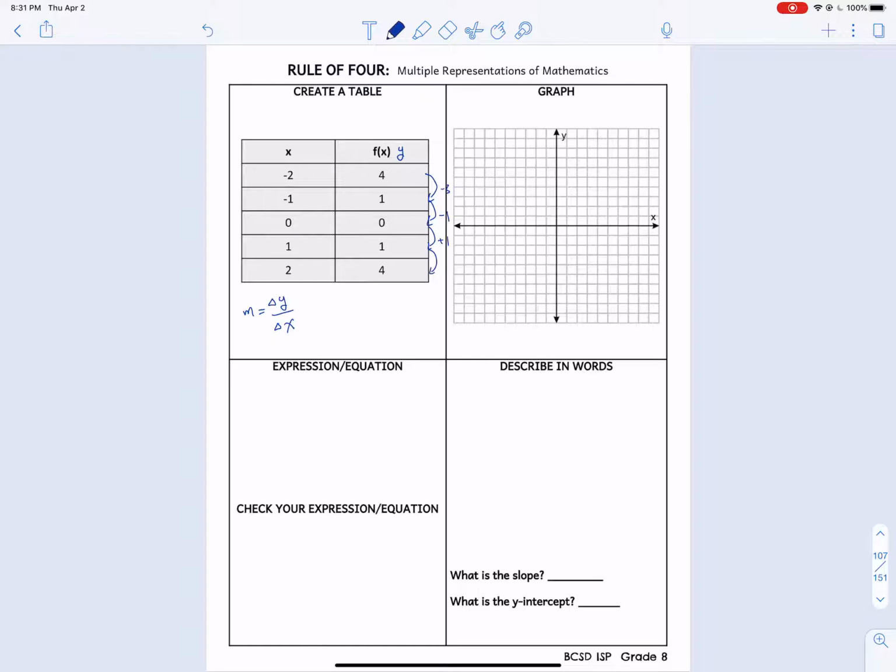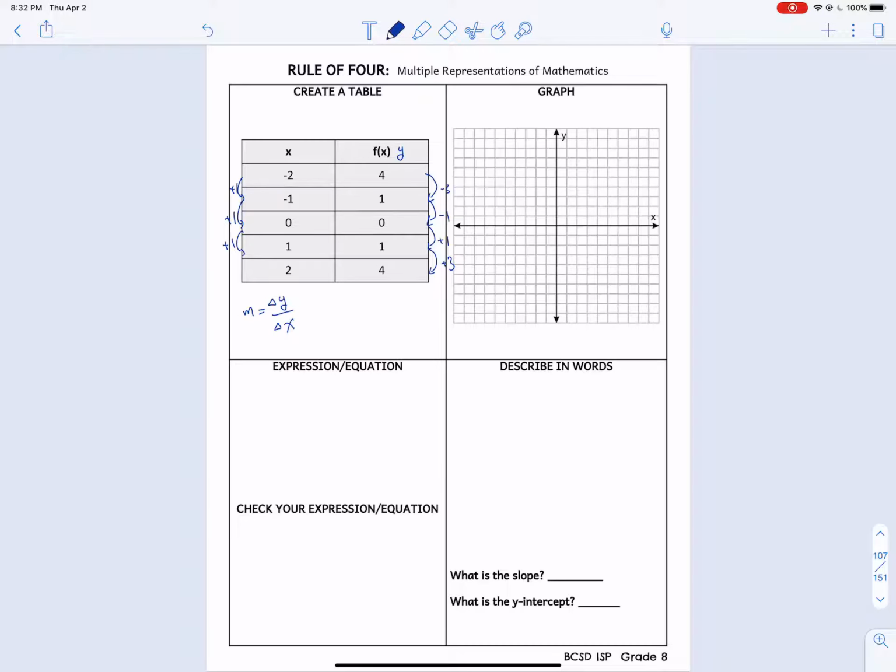So what's going on here? Is this a constant rate of change? On the x side, we are adding 1, adding 1, adding 1. So that is constant on the x. But the change on the y side is changing. It's not constant. First we're subtracting 3, then subtracting 1, then adding 1, then adding 3.